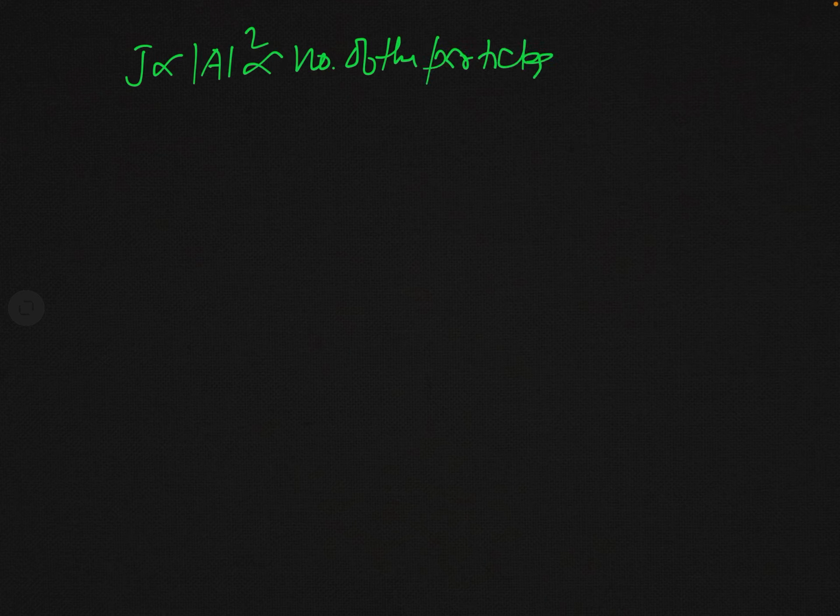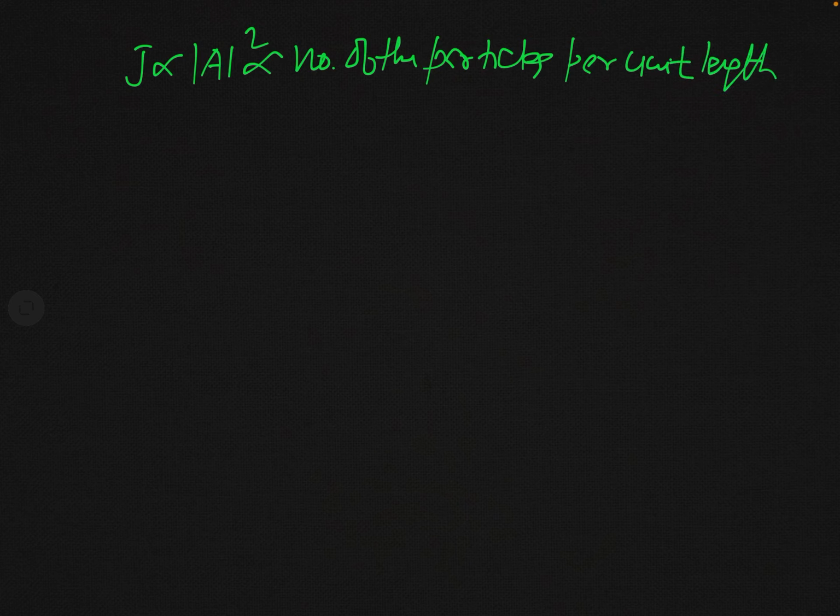So J is proportional to mod of A squared, which is proportional to the number of particles per unit length.